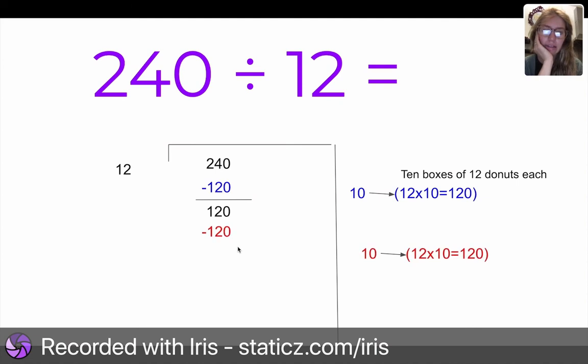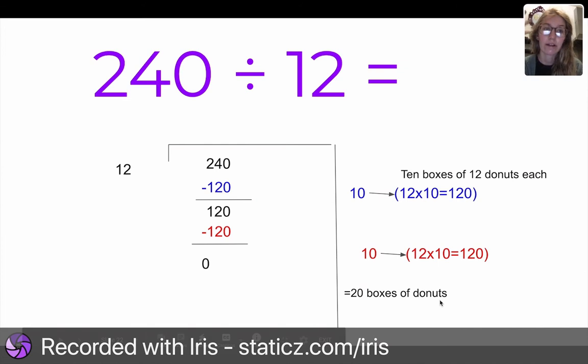So I'll do it again. I buy 10 more boxes. That gets me 120 donuts because there's 12 in each box. I subtract again, and I have to buy 0 more donuts. So I'll add up these partial quotients out here, and that tells me I bought 20 boxes of donuts.